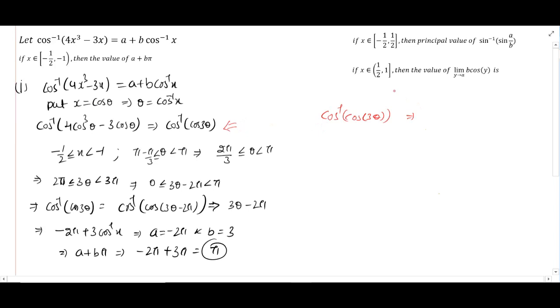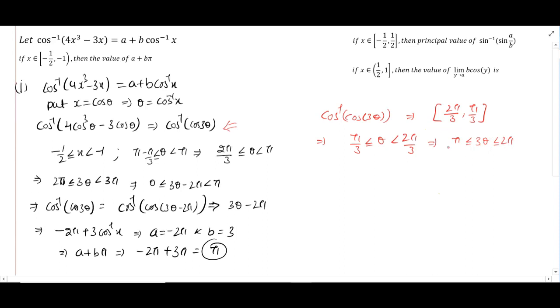Now here x belongs to minus 1 by 2 to 1 by 2, so that means theta will be lying between pi by 3 and 2 pi by 3, right? So I can write pi by 3 less than or equal to theta less than or equal to 2 pi by 3. After multiplying it by 3, this will become pi less than or equal to 3 theta less than or equal to 2 pi.